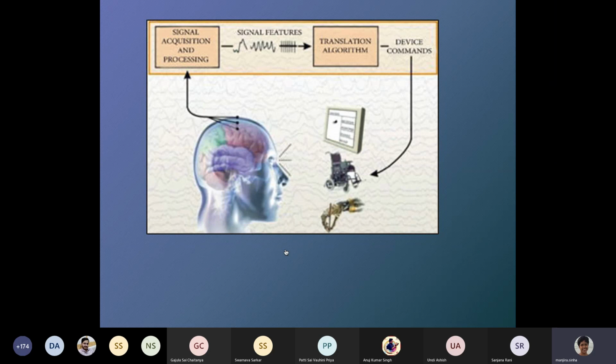So the pathway between the brain and the motor neurons is intact. But for a person with cerebral palsy, they have involuntary movements. So it becomes difficult for them to think, okay, now I'm going to type this out, and actually type it out.